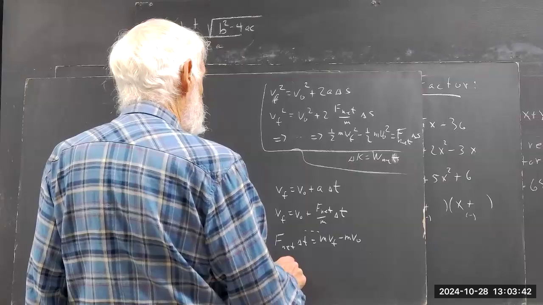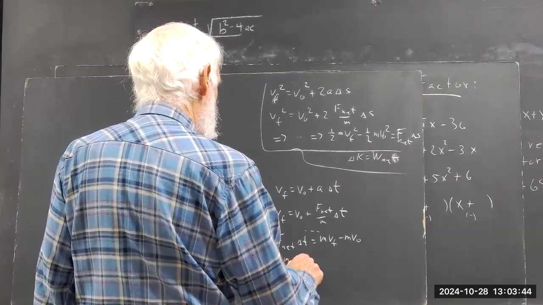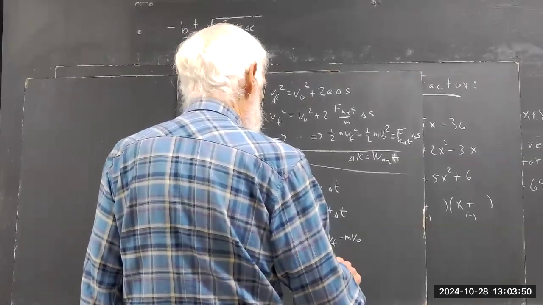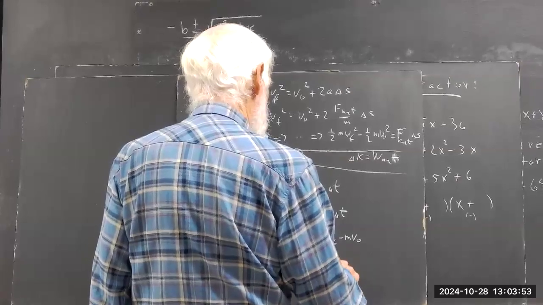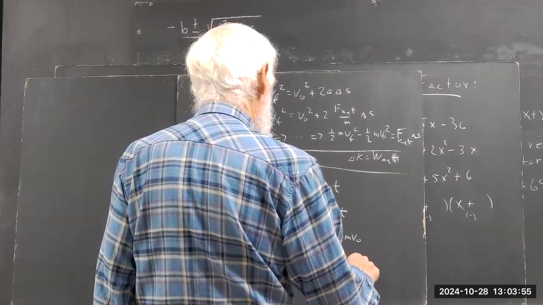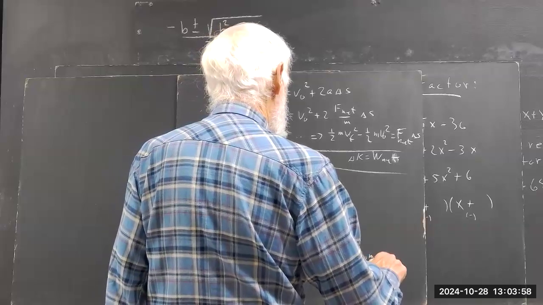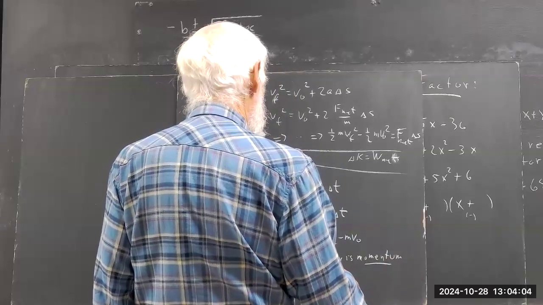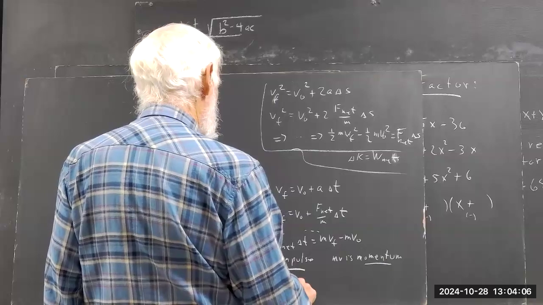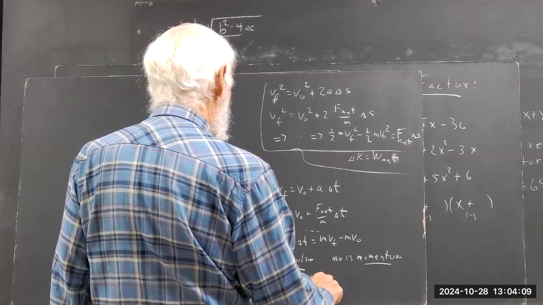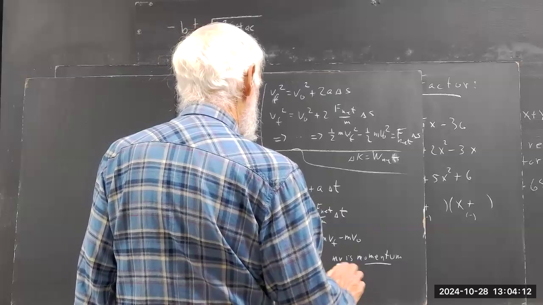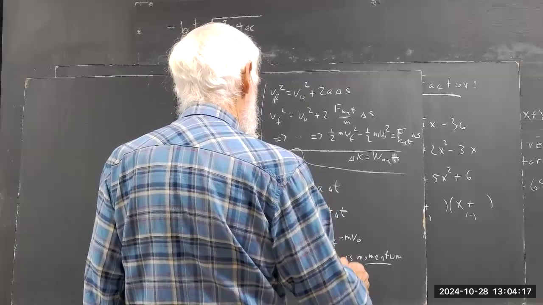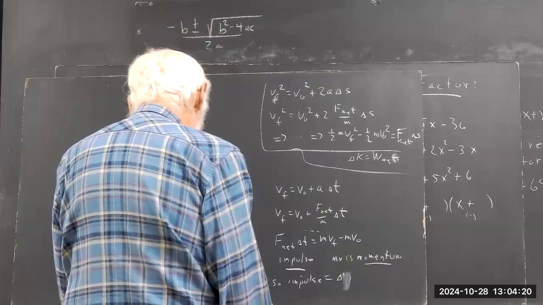And well, this F net delta t is impulse. m v is momentum. Here, let me write it with m v.